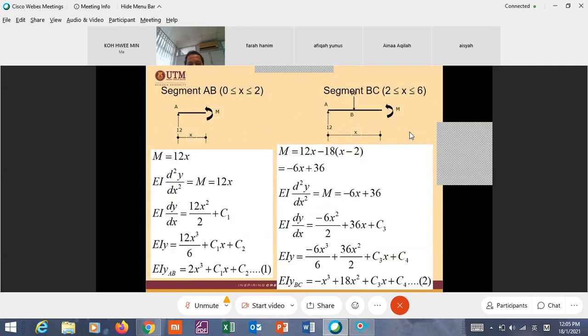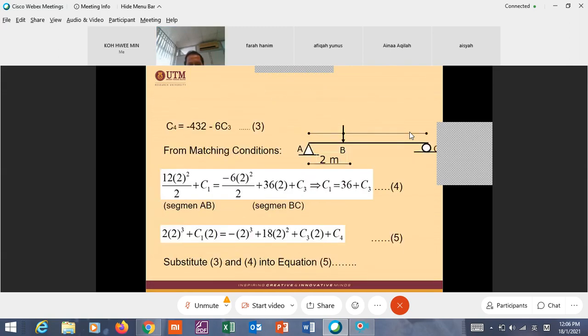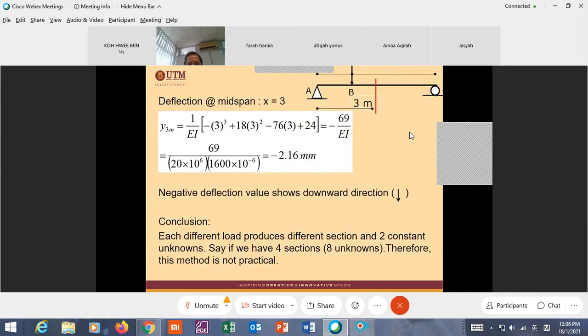Substitute x equal to 3 into which equation? Is it the equation for segment 1 or segment 2? The equation for segment 2, because 3 is between 2 and 6. We cannot substitute into segment 1, because this one is only for x between 0 and 2.